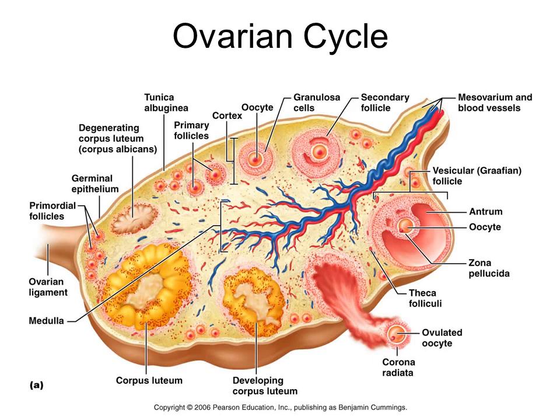So on this diagram, you can see the ovarian cycle. If you look at the primary follicles in pink at the top, you have the oocyte in the middle of it. As I said, the follicle is like a vesicle around it. You have cells growing around that oocyte, or around the egg. It becomes the secondary follicle. You get more fluid in there, and it's then called the vesicular follicle.